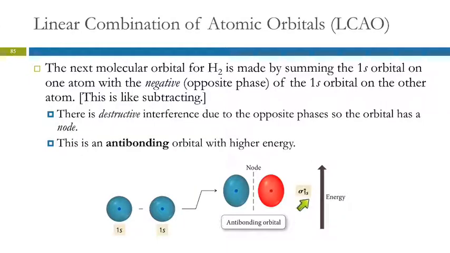So this is also sigma, because if you look from one nucleus to the other along this axis, this orbital is symmetrical. But we call this sigma star 1s, and the asterisk there means that it's an anti-bonding orbital. Any questions?